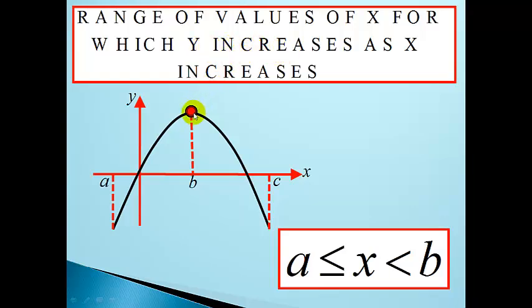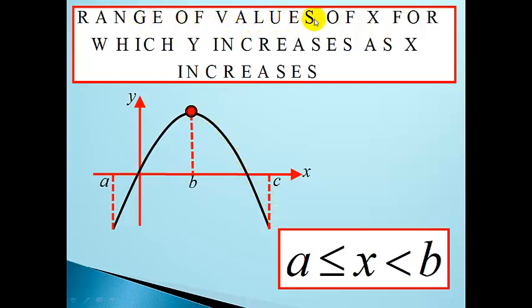Now let's analyze the curve. This is a maximum curve. From A to B, the graph is increasing, and from A to B we can see that x increases from left to right. But from the highest point, the peak, that is B, coming down, the graph is decreasing.